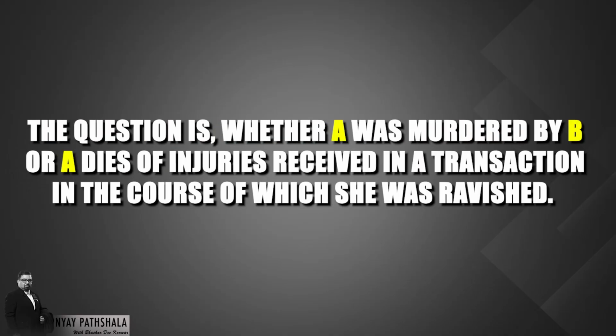To understand this, kindly look at illustration A of section 32(1). I am reading it slowly for you. The question is whether A was murdered by B or A dies of injuries received in a transaction in the course of which she was ravished.